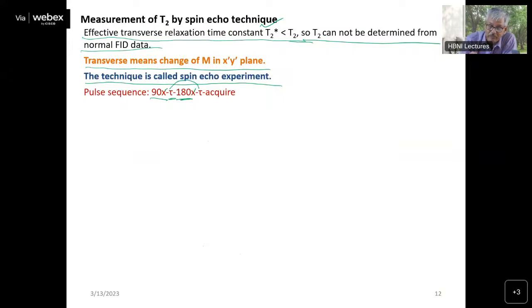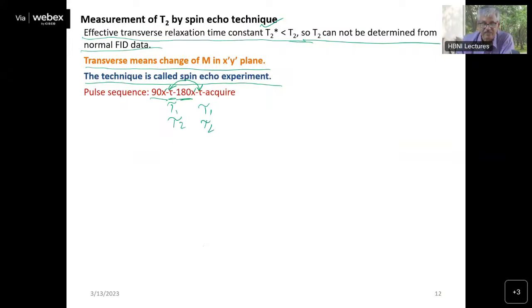These two delays are the same for each experiment. If you do a new experiment, you will have a different tau value: tau 1 and tau 1, then tau 2 and tau 2. And then you will acquire the FID.